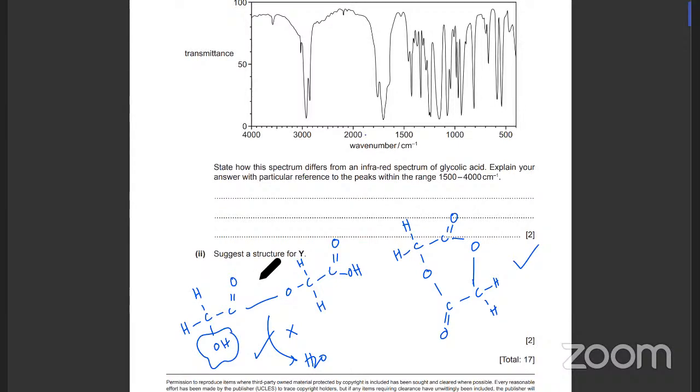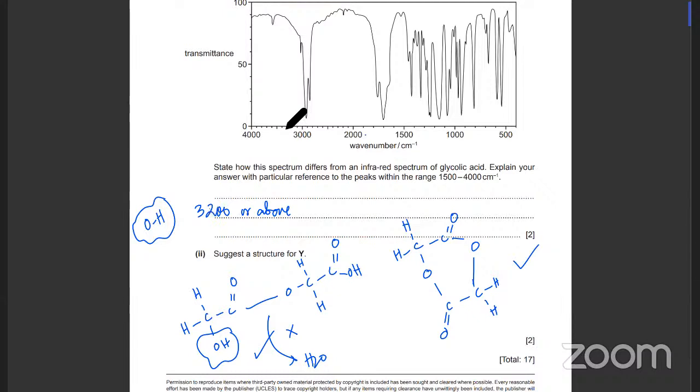If you look at the data booklet, the OH from an alcohol has a peak at greater than 3200 wavenumbers.